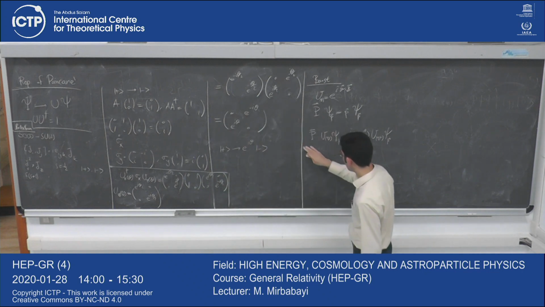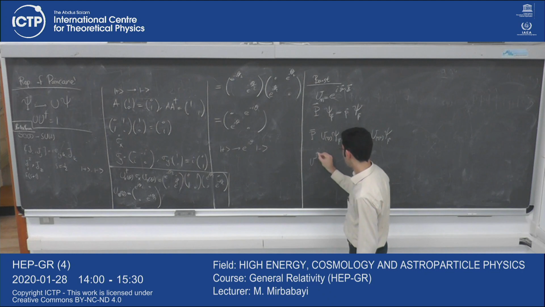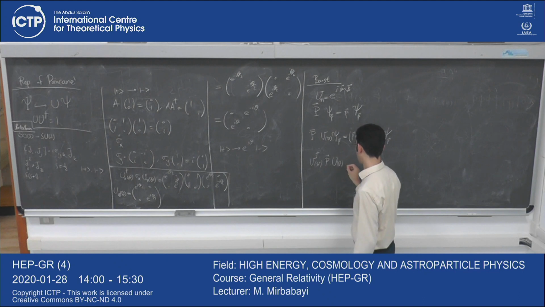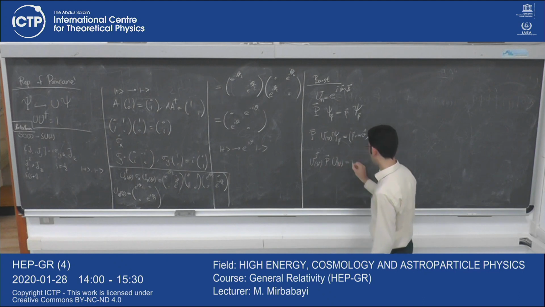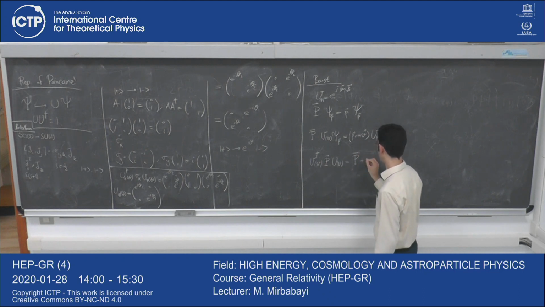So what is the condition that we want to satisfy? We want U dagger of v, P, U of v, to be equal to P, the momentum operator, plus m times v.